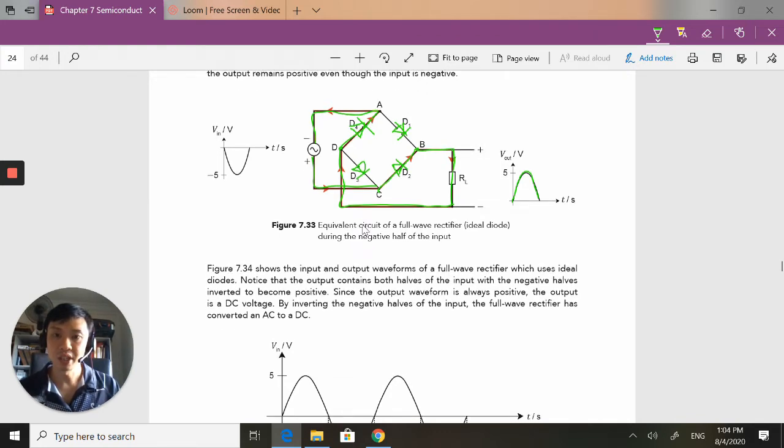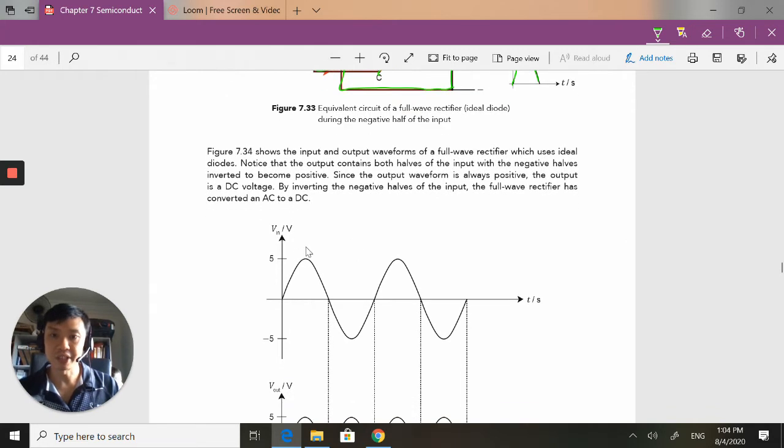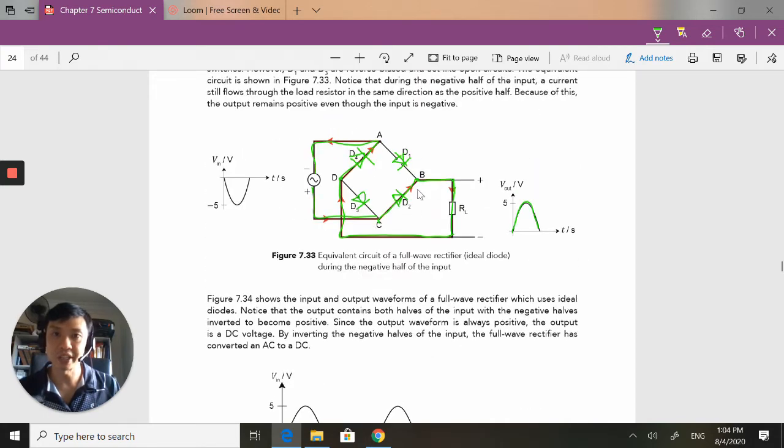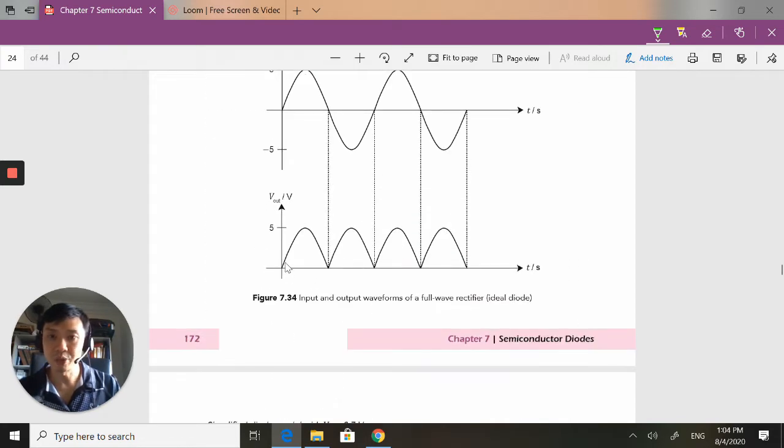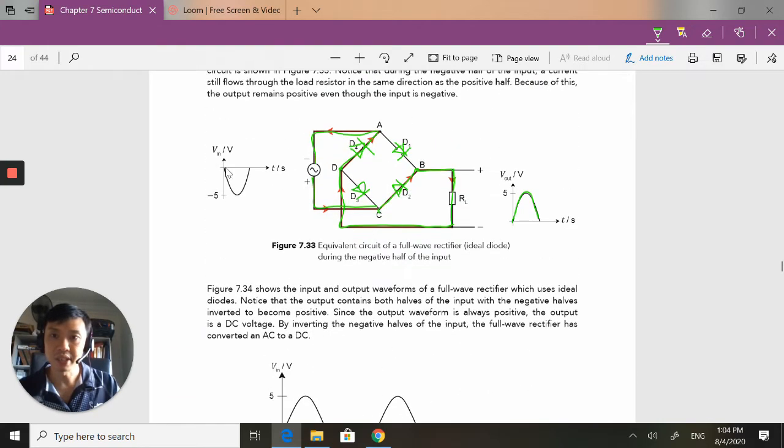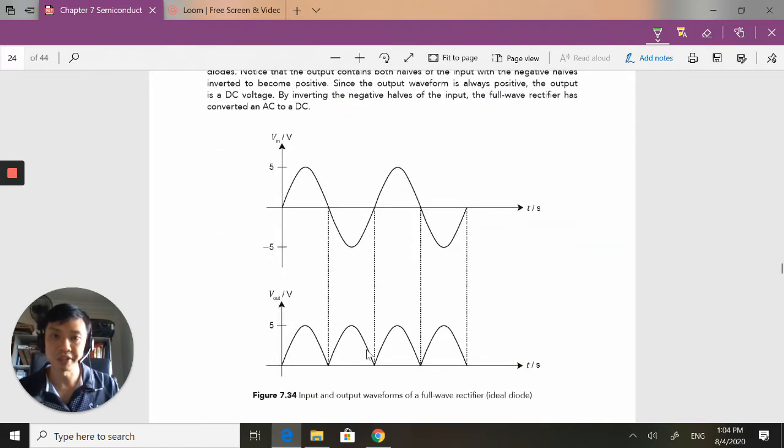So what we have is originally an AC signal, and because of this full wave rectifier arrangement, I will have positive, and the negative has been flipped up into a positive phase.